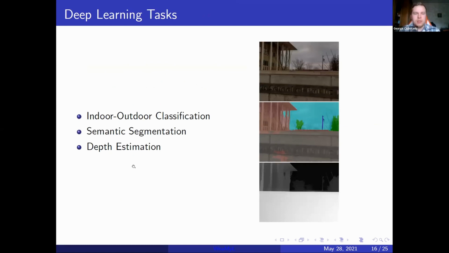In what concerns the learning tasks we're going to face, there is the indoor-outdoor classification, which is a rather simpler one compared to the semantic segmentation and depth estimation, but however, it's not to be neglected, because in these kinds of very complicated and not so similar environments, there still are a lot of problems that we are going to encounter.